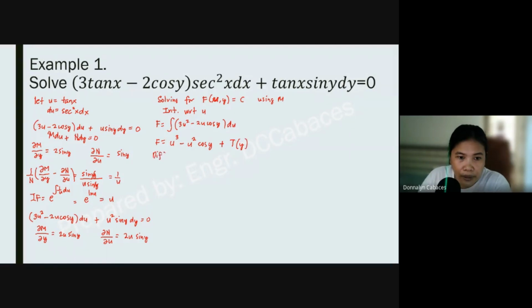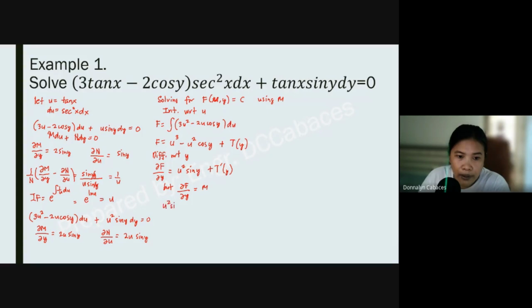Then we differentiate with respect to y. The partial derivative of f with respect to y would be equal to negative u squared times the derivative of cosine y, which is negative sine y, so it will make it positive. So that is u squared sine y plus t prime of y. But again, the partial derivative of f with respect to y is equal to n.